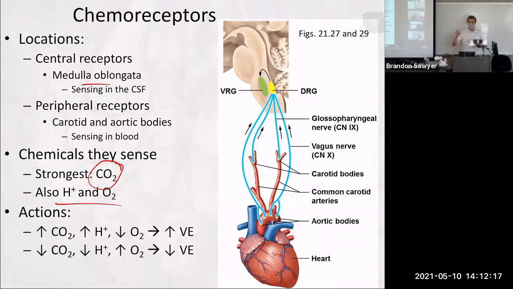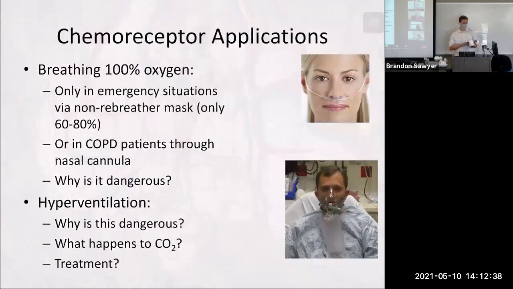At least on the CO2 and hydrogen side, high CO2 and high hydrogen both cause vasodilation as well, and they both cause a rightward shift of the curve. All of those things make sense because that means we need to deliver more oxygen if we're doing more metabolism. So that's part of what controls our breathing.